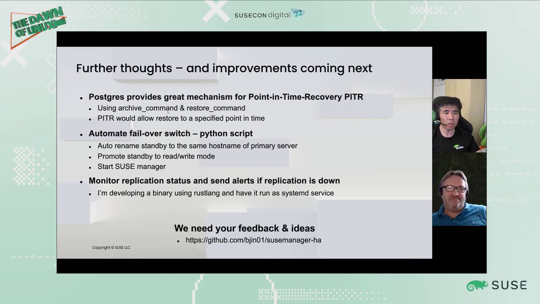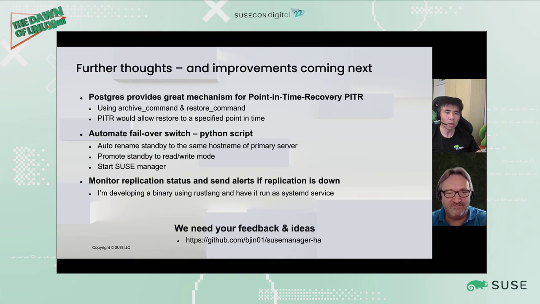So the archive command is to constantly archive all the WAL logs to an external disk space, and the restore command is to restore everything back. Yeah, so I will not go into the details because of the time constraint here.